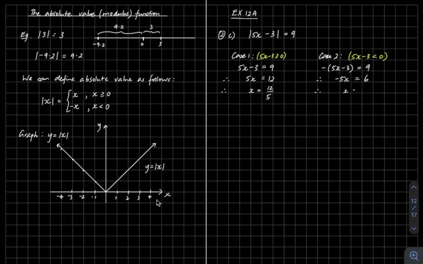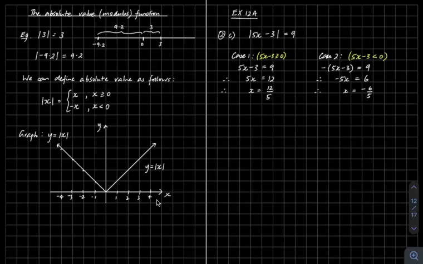Therefore x is negative 6 on 5. Now, like a lot of algebraic work, if we're not absolutely sure, it would be worthwhile just subbing both of those values of x into the original equation, the original expression, and just checking that they do both provide solutions. But both of those are solutions to that.